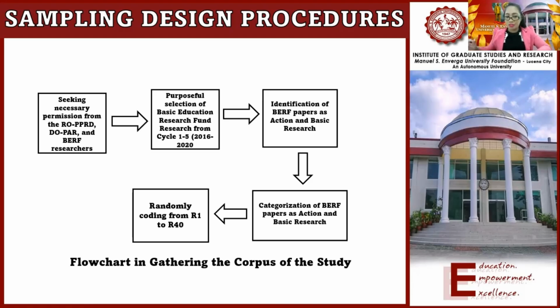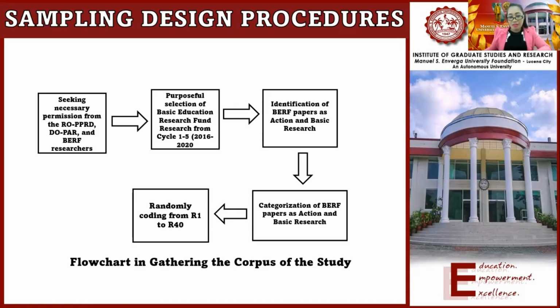So for reiteration, the regional office's Policy, Planning and Research Division and division offices' planning and research section, and education program specialists in charge of research shall be requested to assist the researcher in selecting the research articles according to classification and themes.